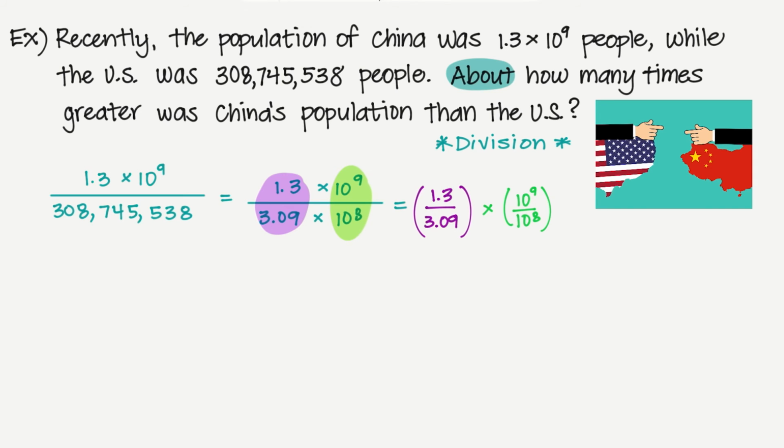I'm going to divide those, and it's going to give me a very long decimal, so I'm just going to round it to 0.42, and that's going to be times 10 to the first power, so I'm just going to write times 10. And when I multiply those values, I get 4.2 times as large, so that is about 4 times bigger than the United States population.